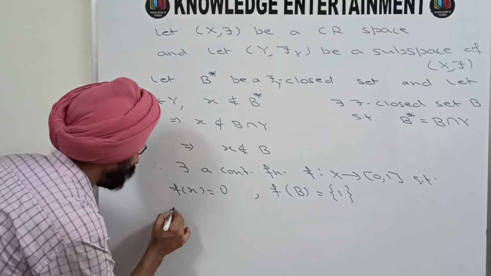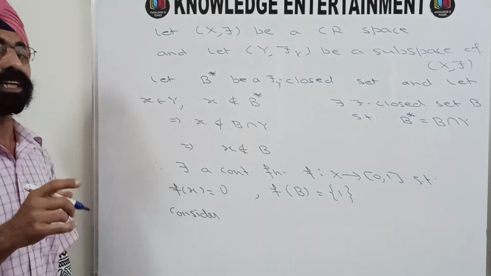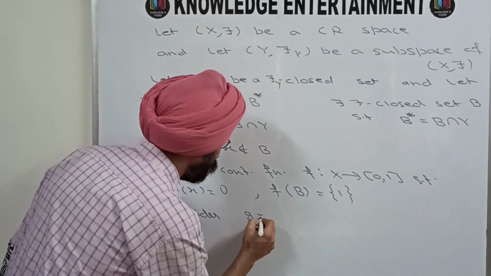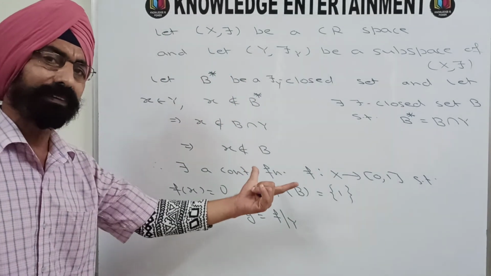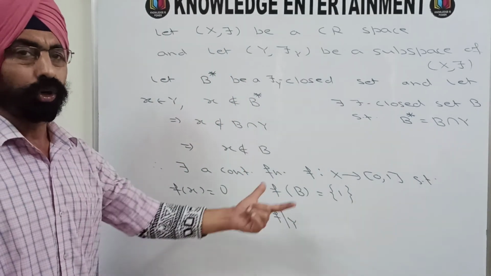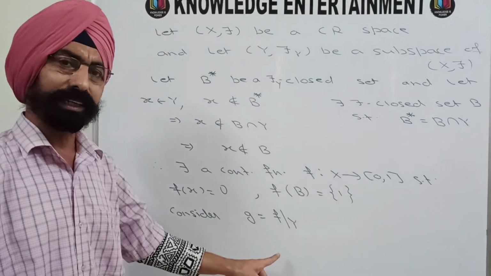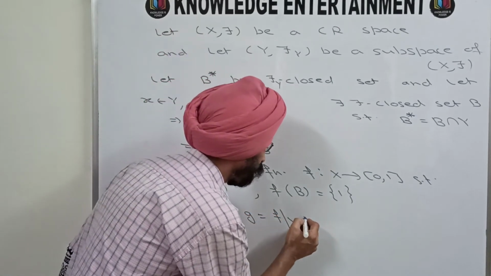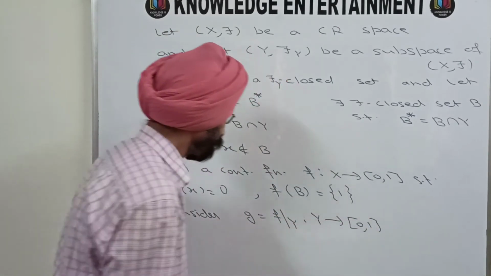Now consider the restriction map G of F to Y. That means we have restricted the domain of F. The domain of F was X, and now we have restricted it to Y. So G is a restricted map of F from Y to the closed interval [0, 1].